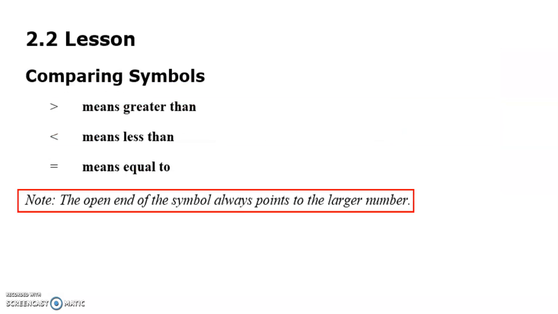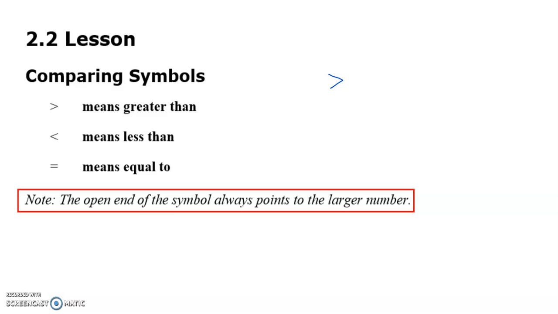Honestly, I don't really think of the symbols as greater than, less than in terms of the orientation of them. So we have the three symbols, greater than, less than, and equals to. And what I remember, and what I think almost everybody remembers, is that the open side goes towards the larger number.